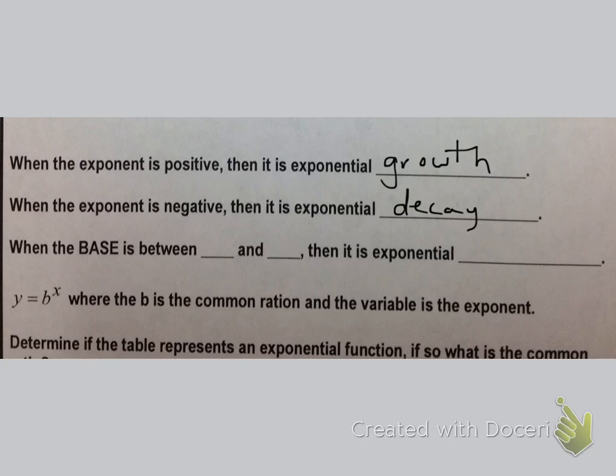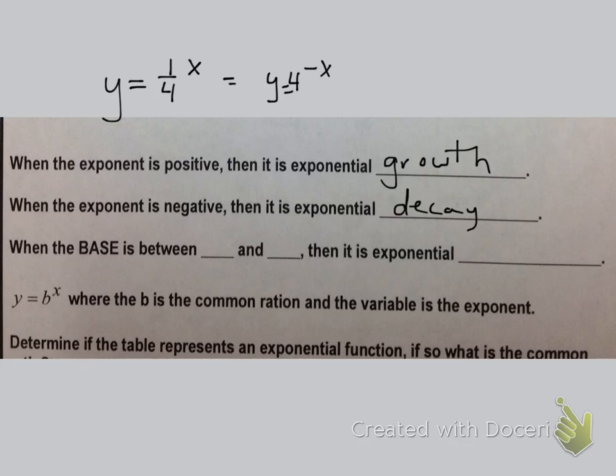You could have changed it to a negative, and it would have been a whole number. Remember our exponential laws? We have negative, we flip them. So y equals 1/4 to the x is the same thing as y equals 4 to the negative x. It's really the same graph.